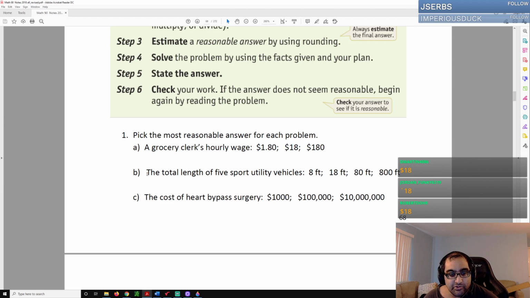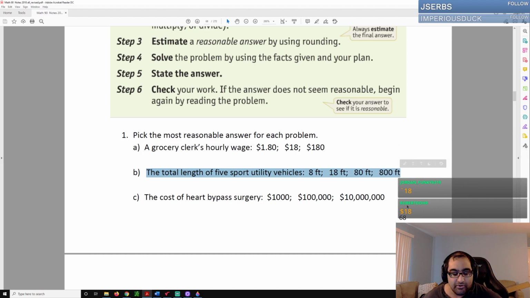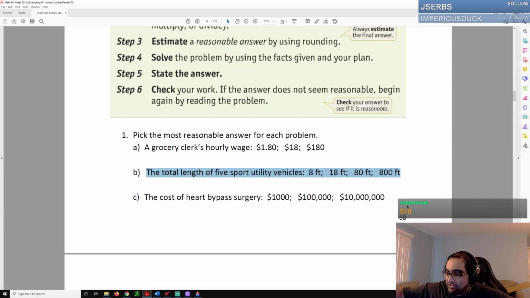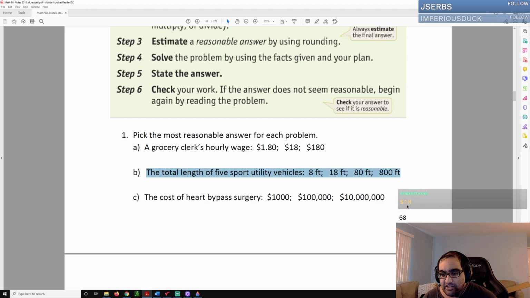Let's look at the next one here. Total length of 5 SUVs. If we parked them end to end, what would be the most realistic length? 8, 18, 80, or 800 feet?